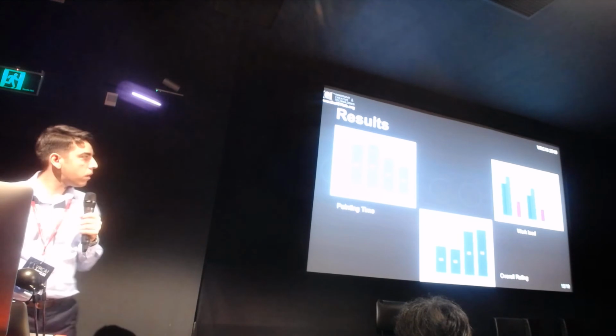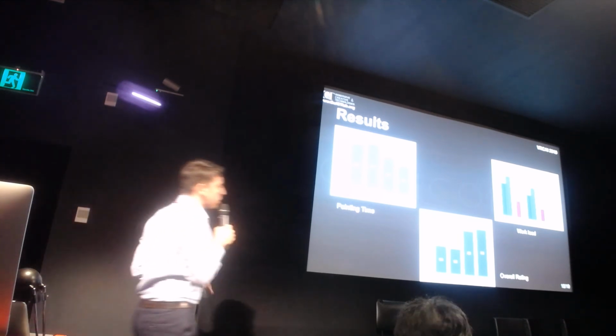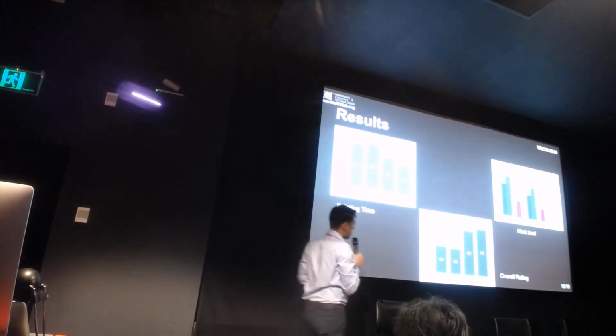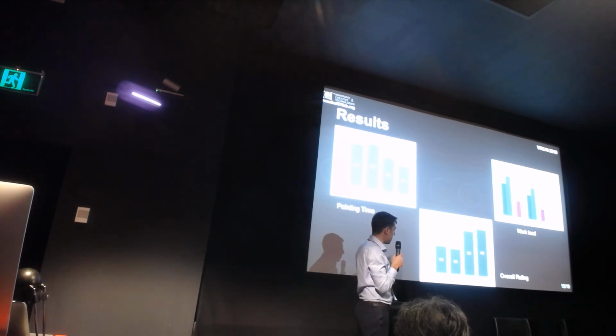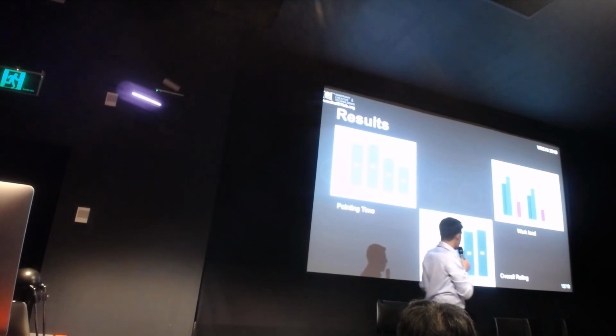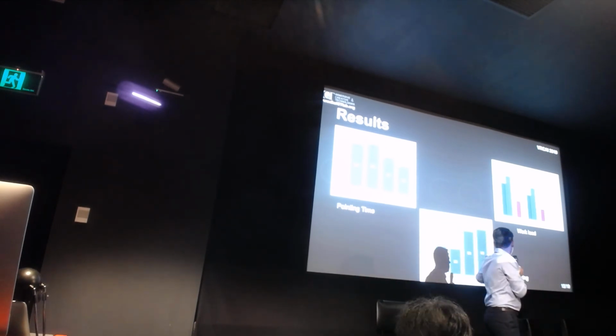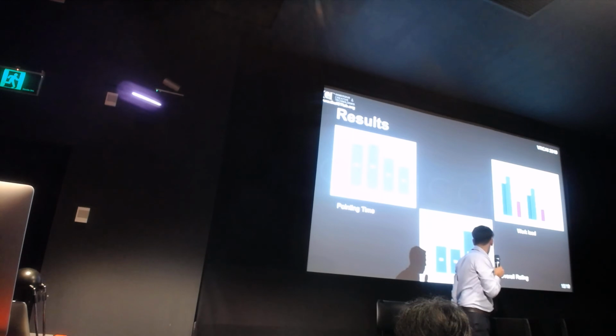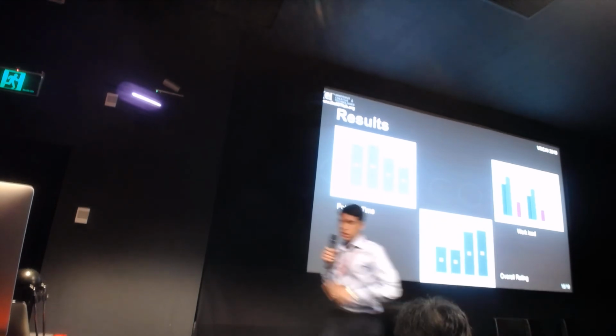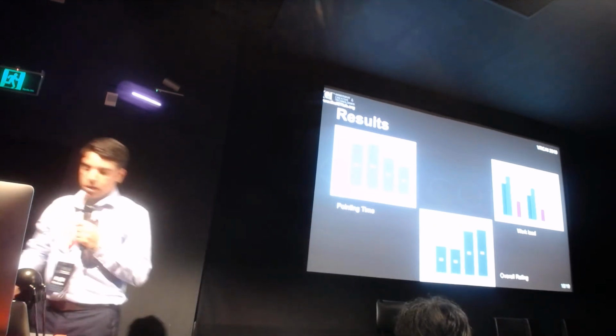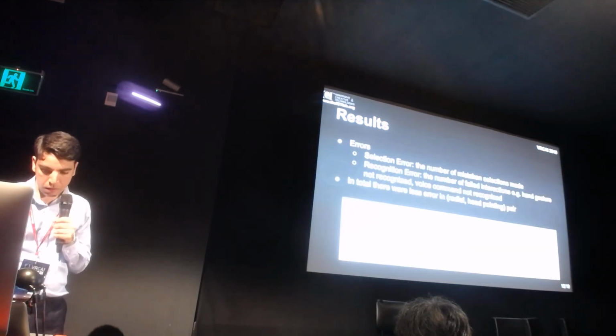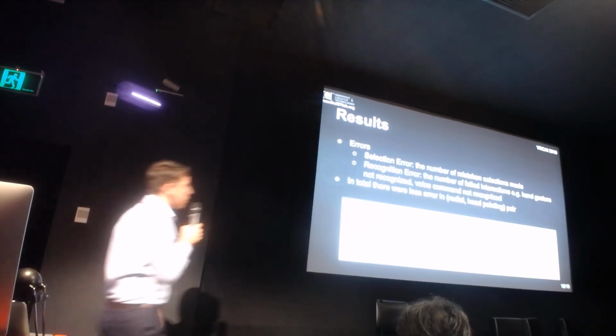For the overall rating, we asked users to rate the different pairs of menu types and input modalities, and the radial menu with head pointing was the most rated pair.